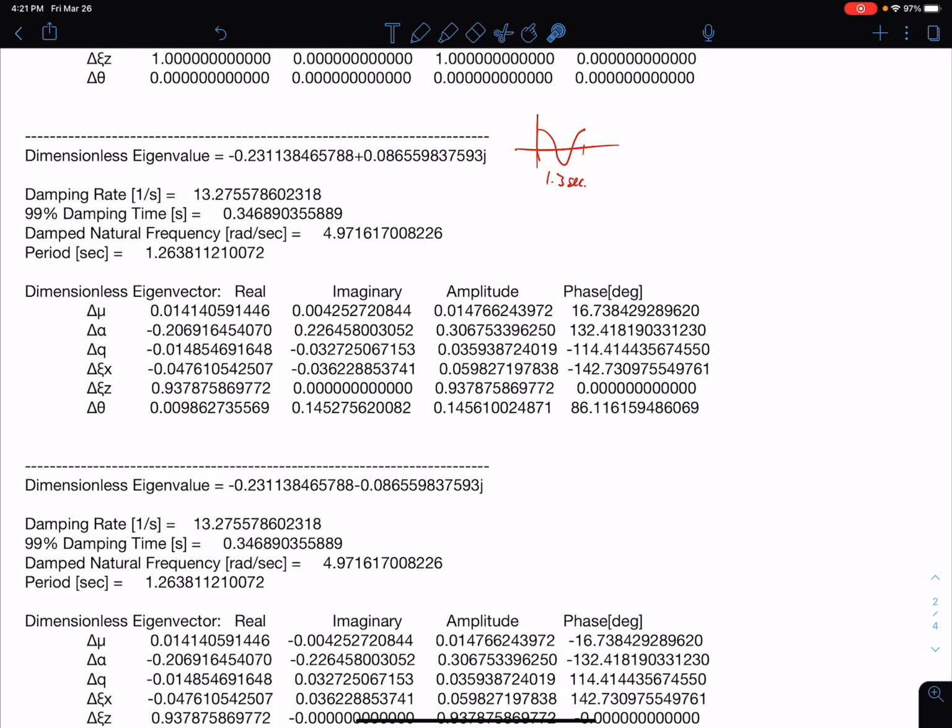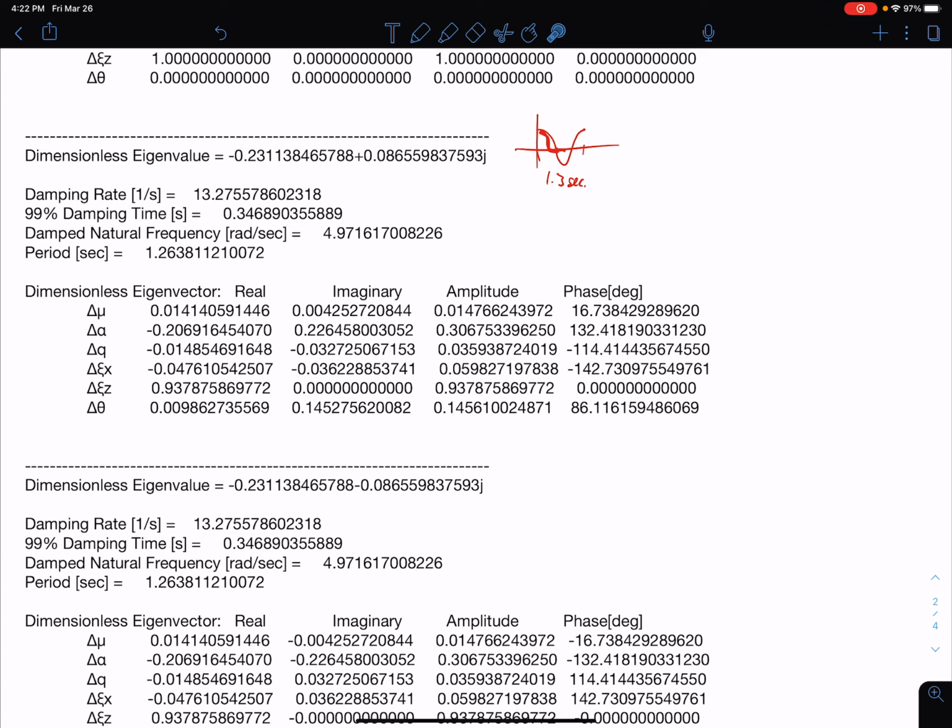So that means, although the period is 1.3 seconds, we probably will only experience a very quick return to normal here because the damping is so strong. Okay, so this is a heavily damped mode. We're really not going to experience one full oscillation of this because the damping is so large. We're 99% damped out in less than half of a second.